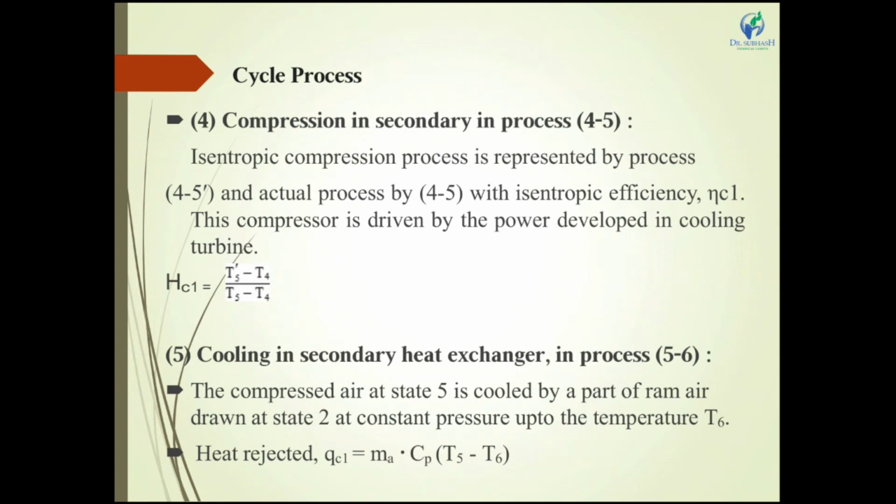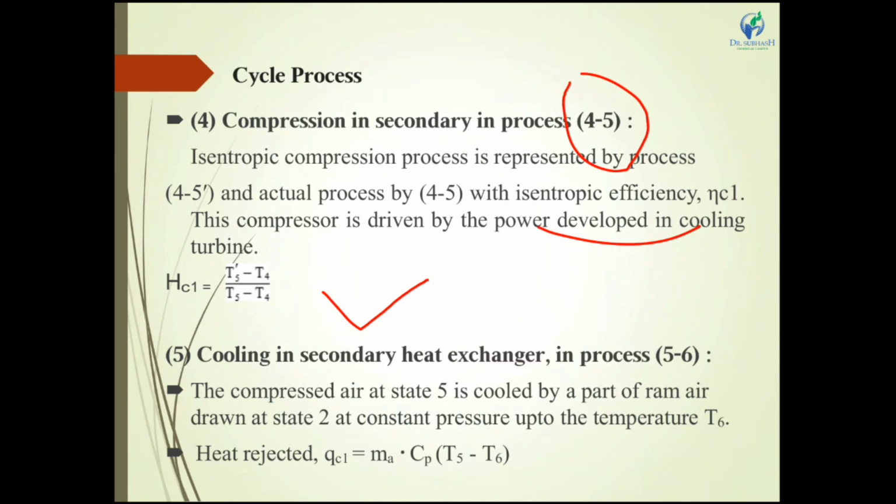The next process is compression in the secondary compressor, process 4 to 5. This is also isentropic compression, and we write an isentropic efficiency for it: T5 dash minus T4 and T5 minus T4, the actual compression divided by the ideal compression.